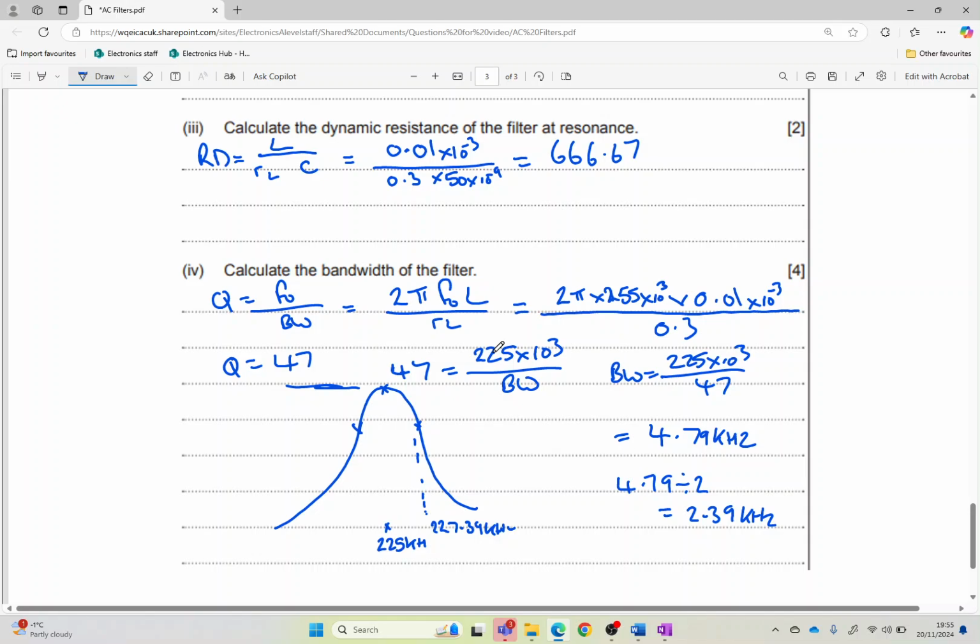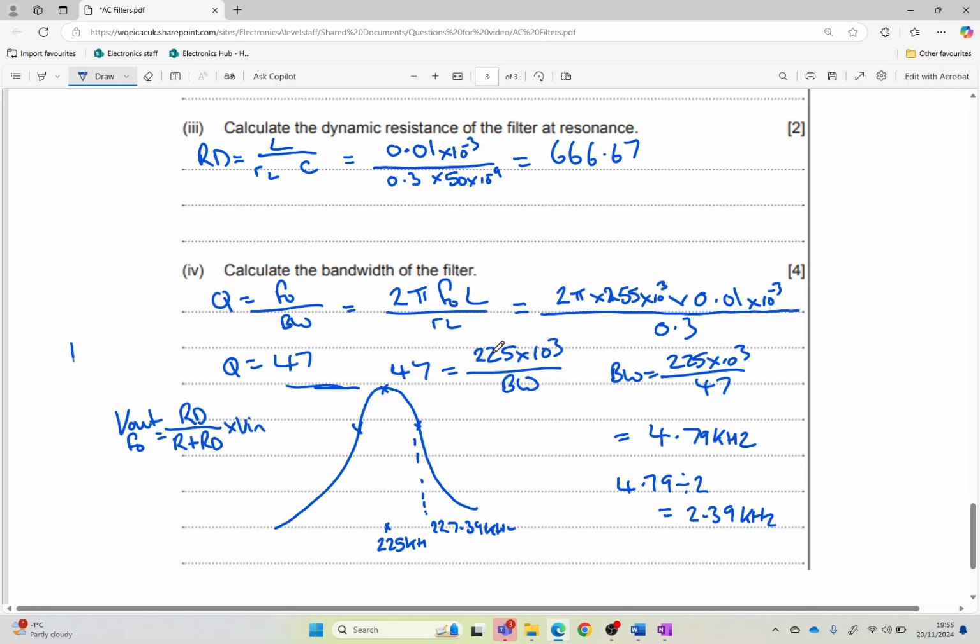If we work out what V out at F0 is going to be, our top line is going to be our R_D, because that's where we're measuring our output. Our bottom line, remember, is R plus R_D, times by V in.